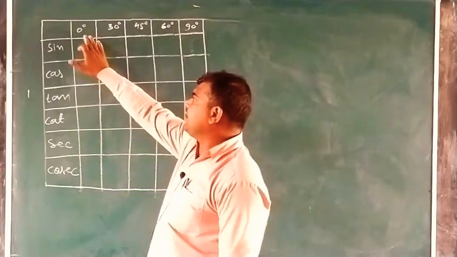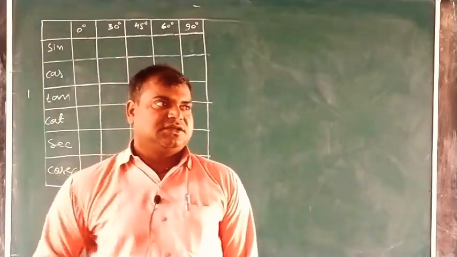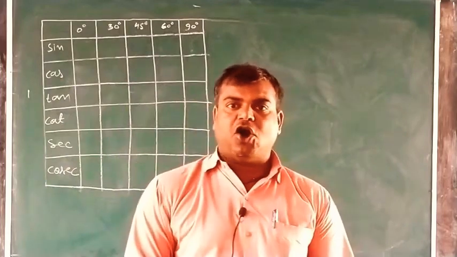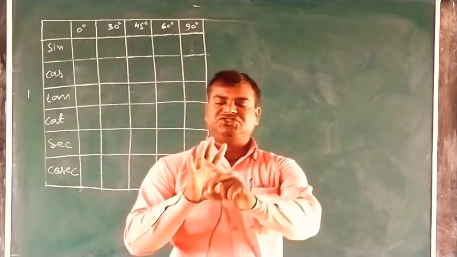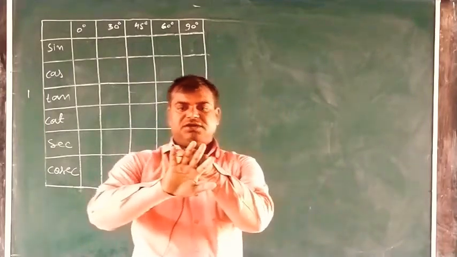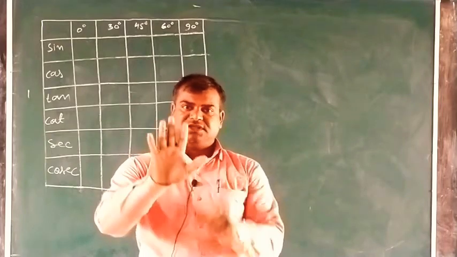Here there are 5 angles, so we are going to take 5 whole numbers. How many whole numbers? 5 whole numbers starting from 0, 1, 2, 3 and 4.